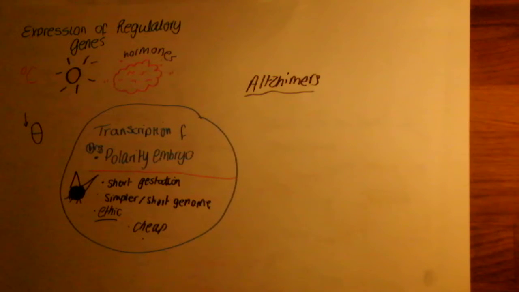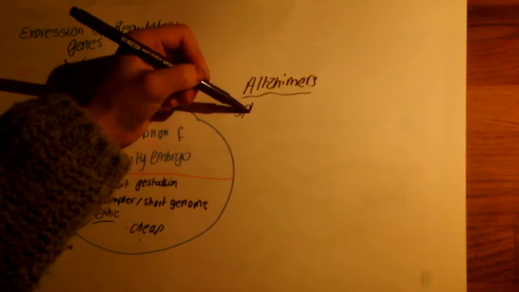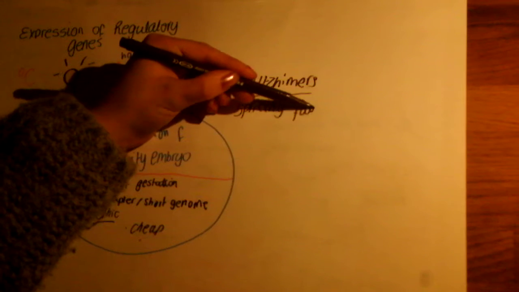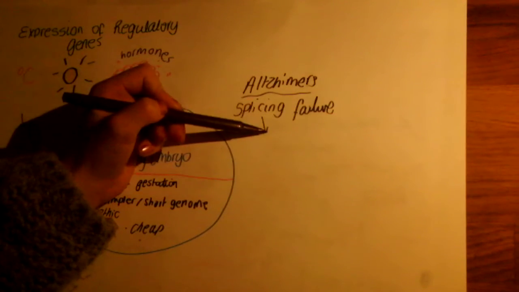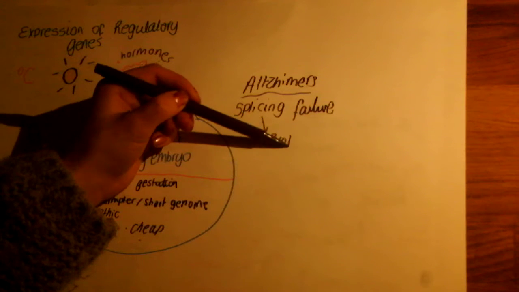However, Alzheimer's is to do with the splicing. There's a failure in splicing, a problem with the splicing process. This results in a non-functional protein. As the exons are genes that code for proteins, this splicing failure causes proteins to be non-functional.